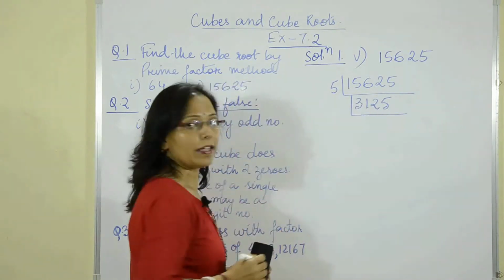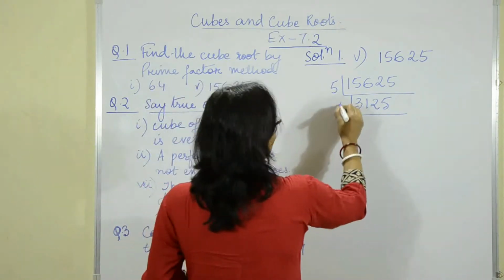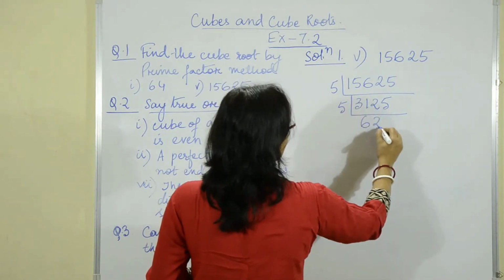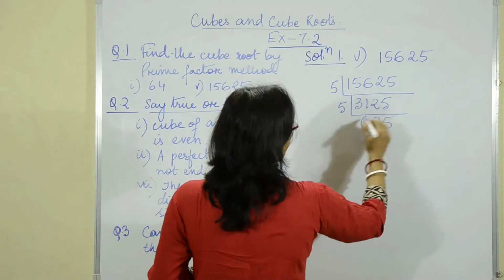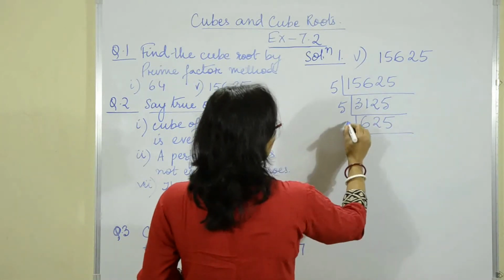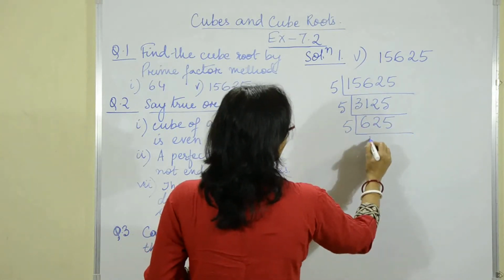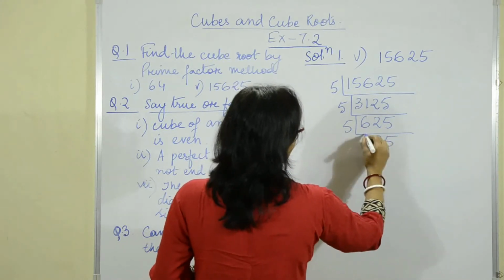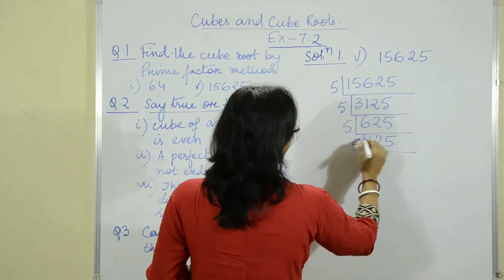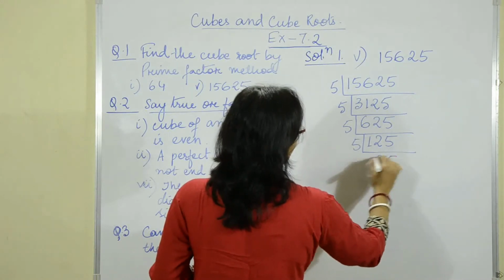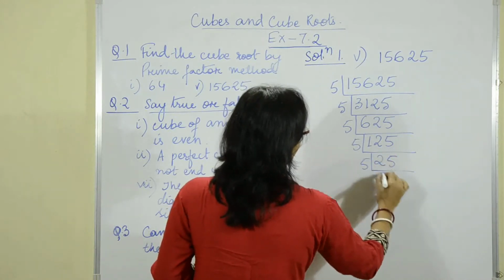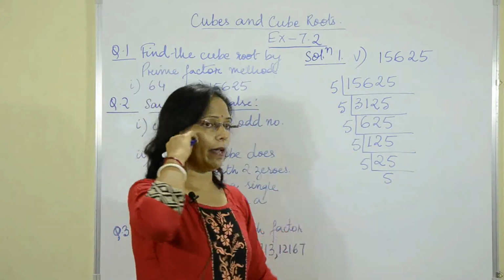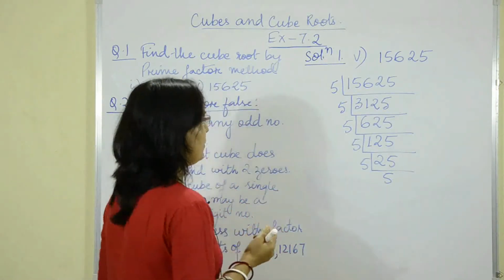Then again 5, 5 5s are 25, and again 5, 5 1s are 5, 5 2s are 10, 5 5s are 25. 5 again, 5 2s are 10, 25, and then I come to the last part where I end with a prime number. There is nothing to proceed now.